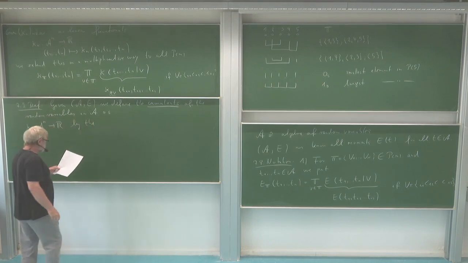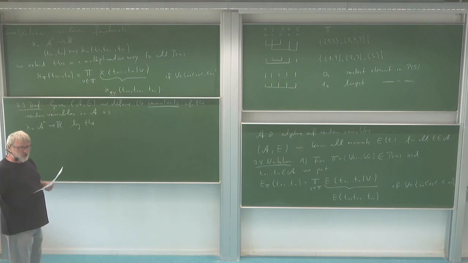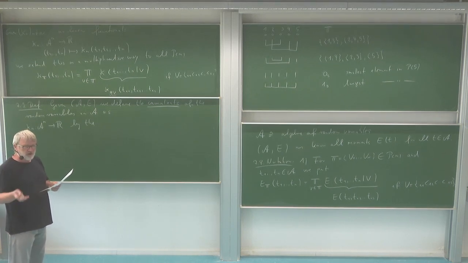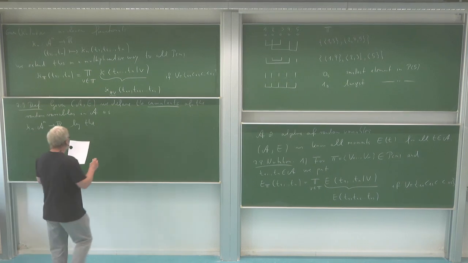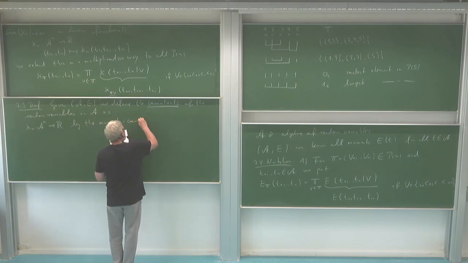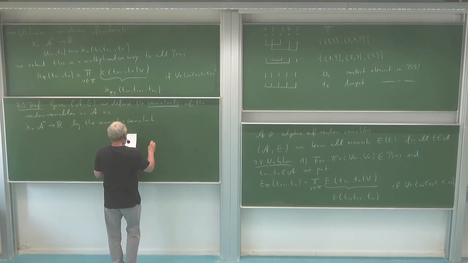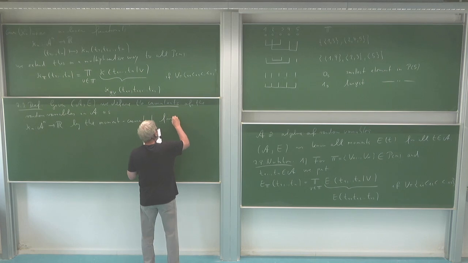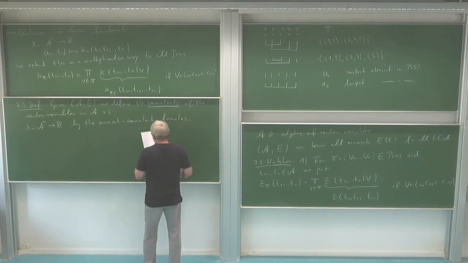By a relation between moments and cumulants, and usually I call those relations a moment-cumulant formula, because it relates moments and cumulants. So this is defined by the moment-cumulant formulas.